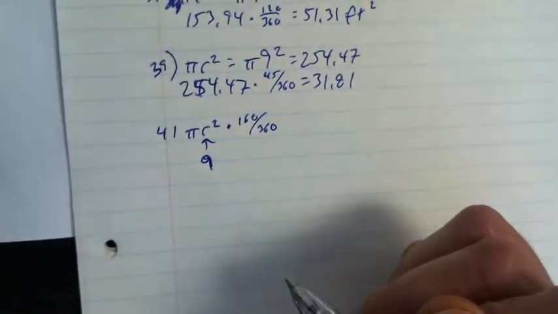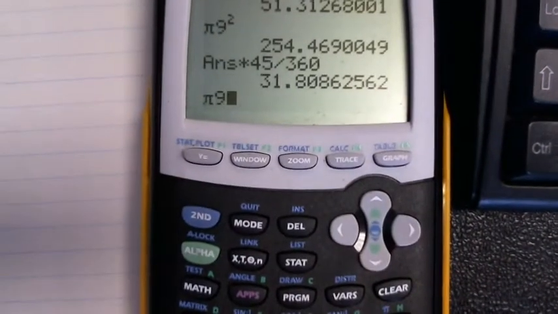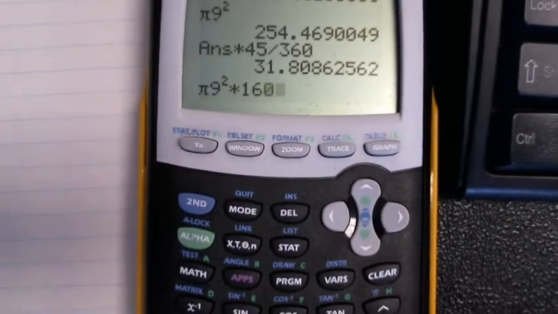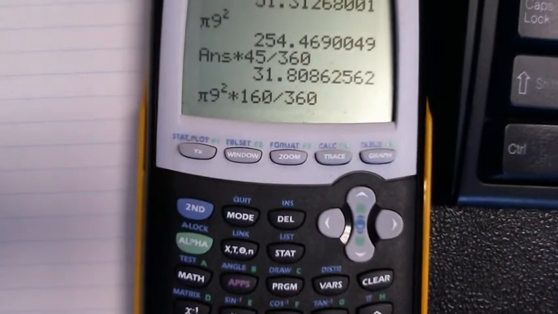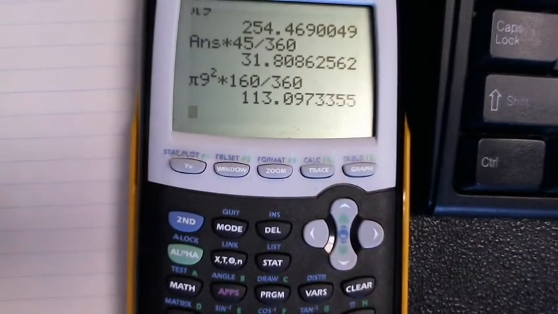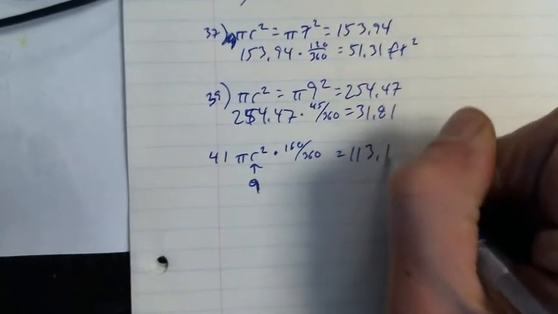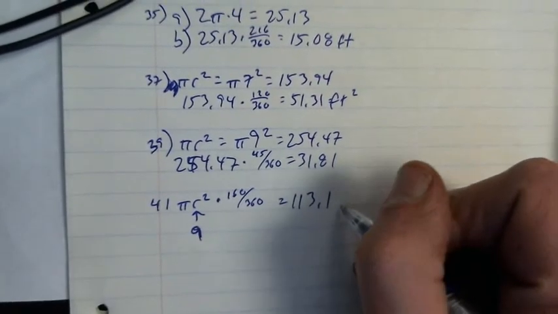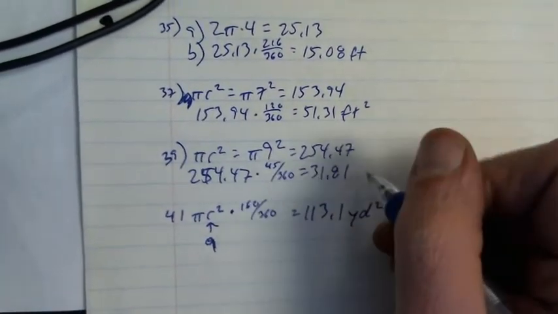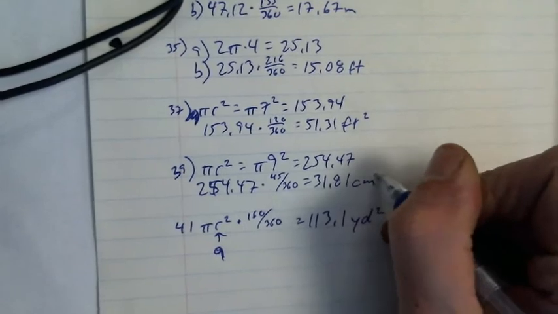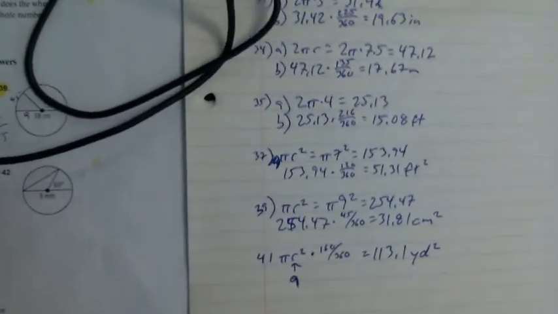So let's try and put it in the calculator all at once. That's going to be pi times 9 squared times 160 and divide by 360. 113.1. And we were in yards, so that's square yards because of area. Previously we were in centimeters, so that's square centimeters. That's going to do it. Very nice.